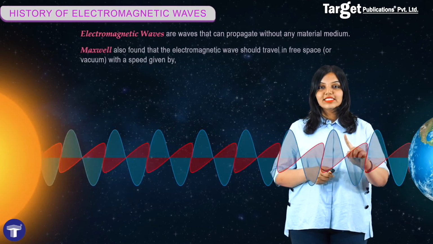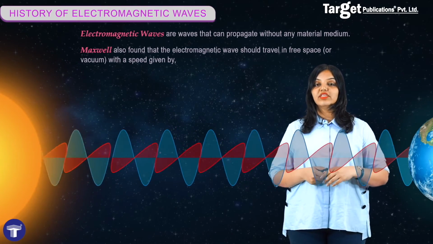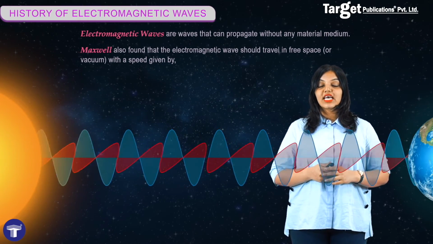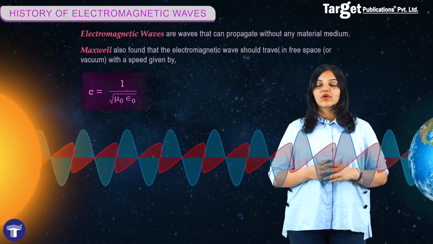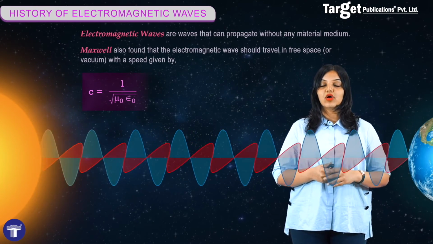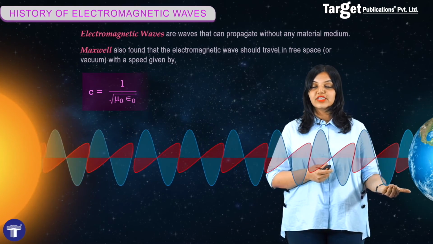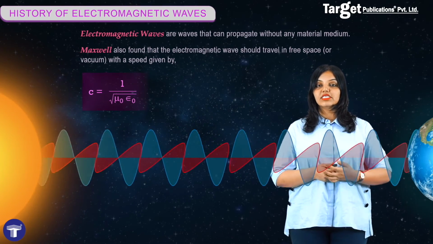In fact, he went one step ahead and even found the speed of these waves in free space, and he said that this speed of the electromagnetic wave would be equal to c = 1/√(μ₀ε₀), where μ₀ is of course the permeability of free space and ε₀ is the permittivity of free space.